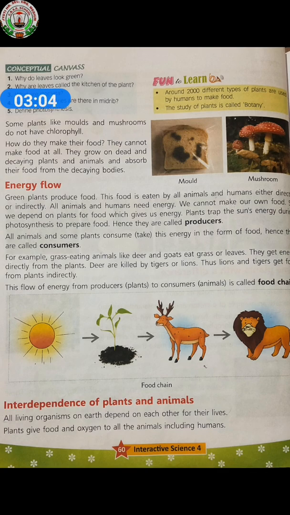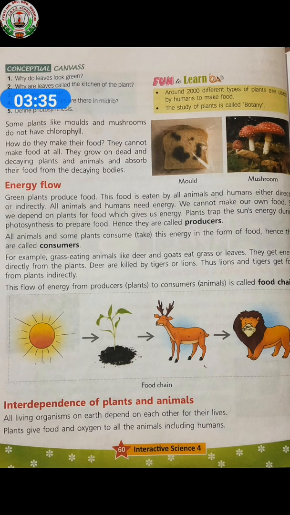So we studied photosynthesis now. The plants make food, and the food is eaten by all animals and humans either directly or indirectly. All humans and animals need energy. We cannot make our own food, so we depend on plants for food, which gives us energy.